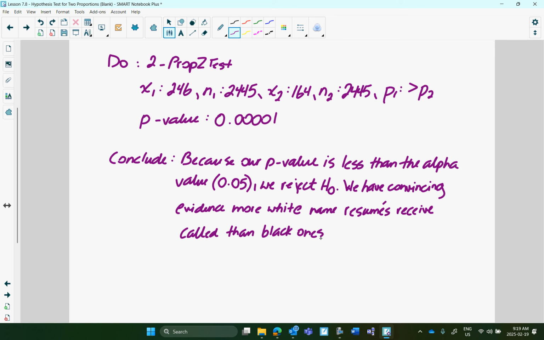So in the next unit, we're going to do the same 4 things, except we're no longer talking about proportions. We're talking about means. So things like average salary, average age, something like that.